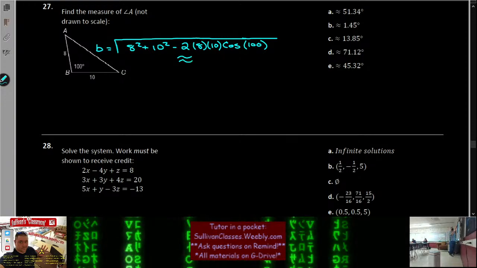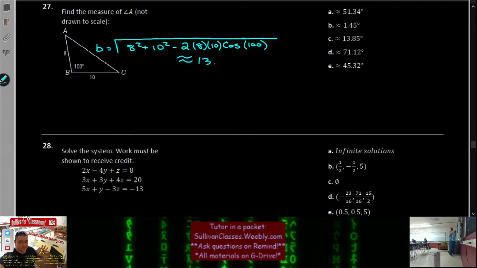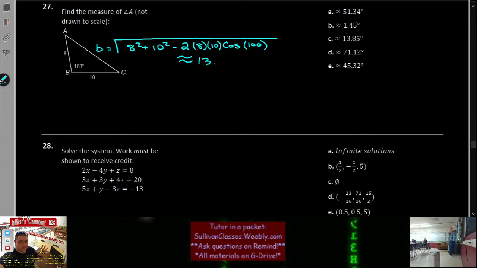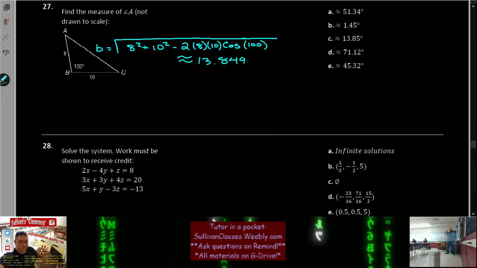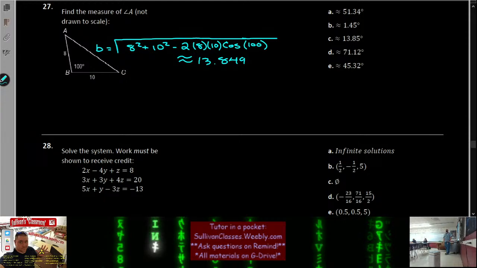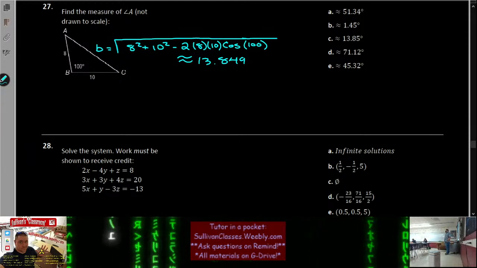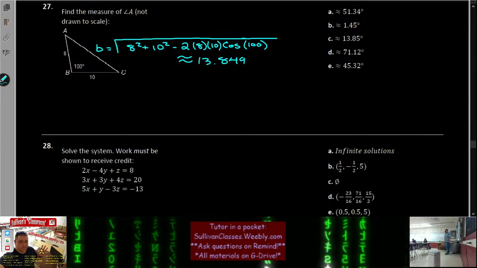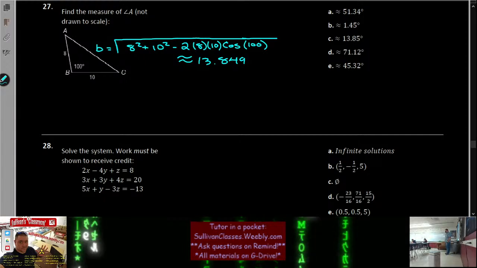About how much? 849. Okay. Now you notice 13.5 is one of the answers up there. That is not angle A. That's side length b. Got to keep going.